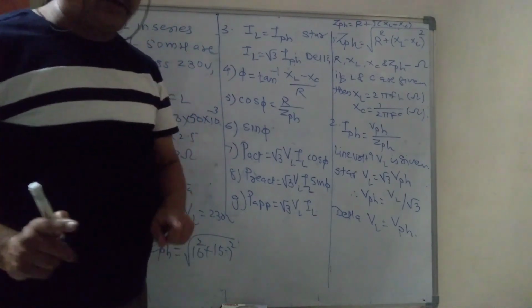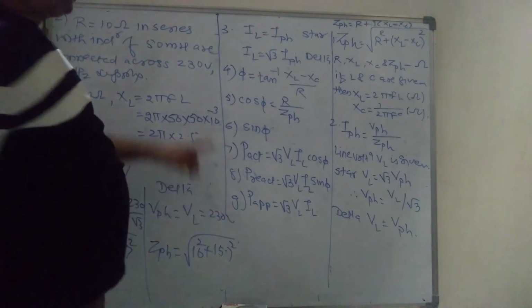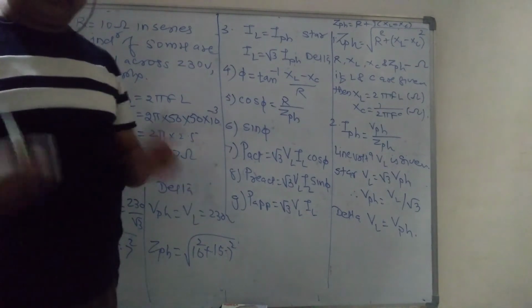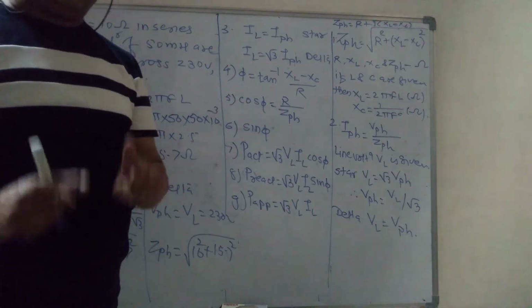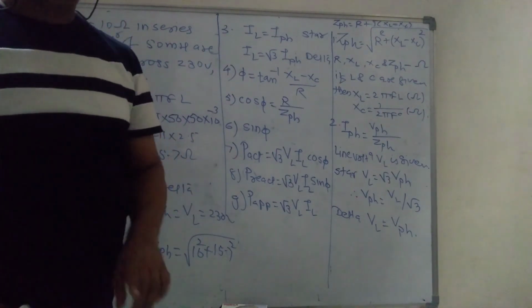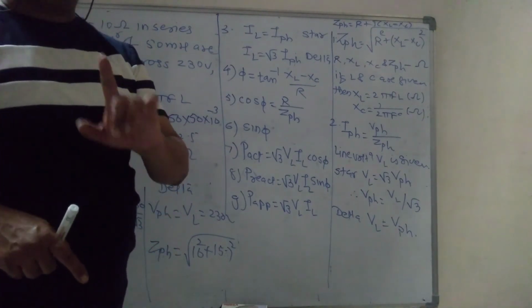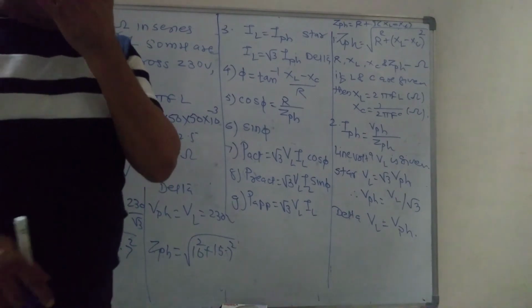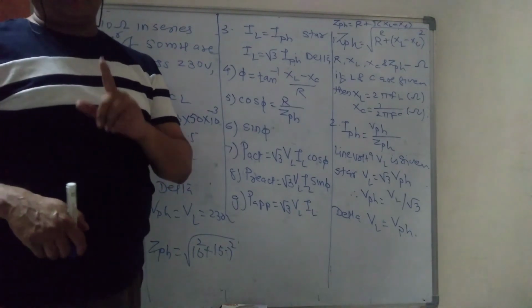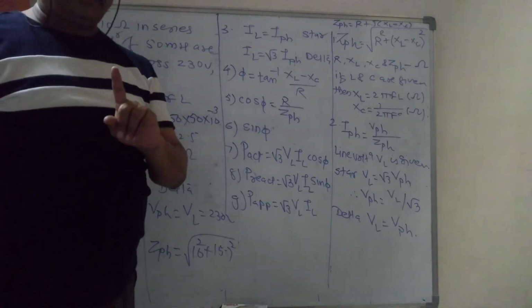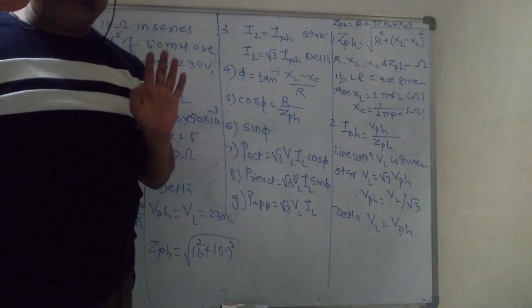You will have to solve, you will have to use the calculator, you will have to calculate the answers. I am giving you the ready-made solution, but again it is requested to solve on your own, which will be sufficient for you from exam point of view. Okay, so I will upload 4 numericals, star and delta.